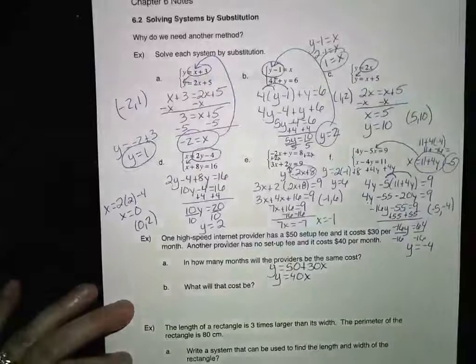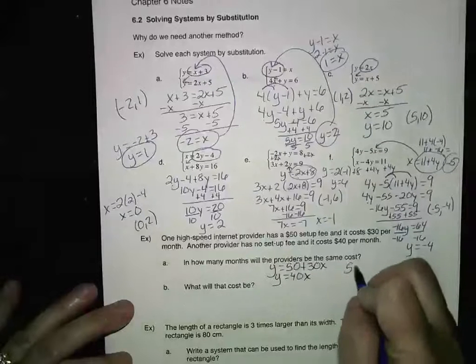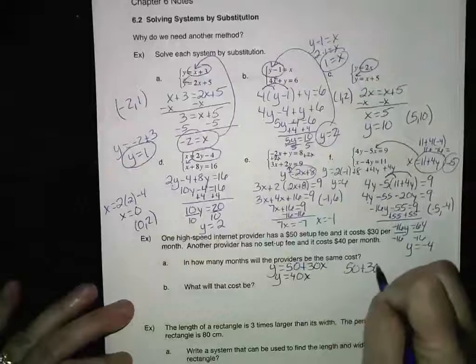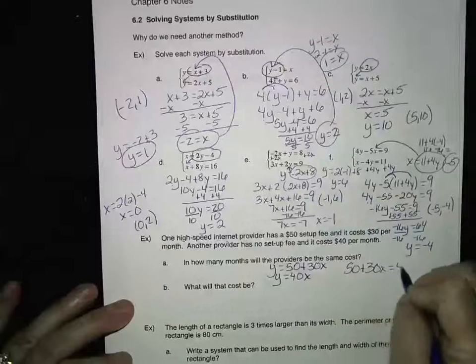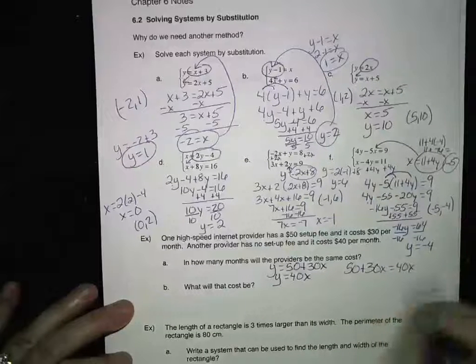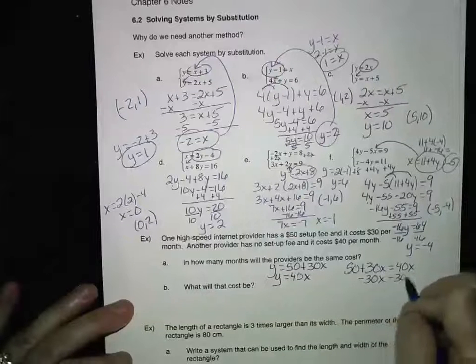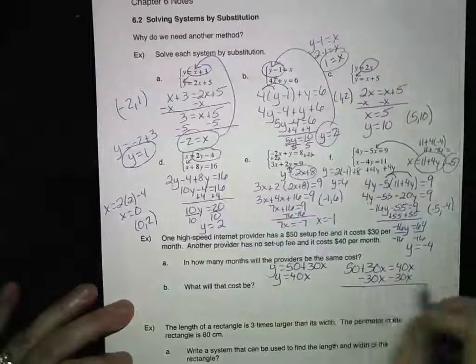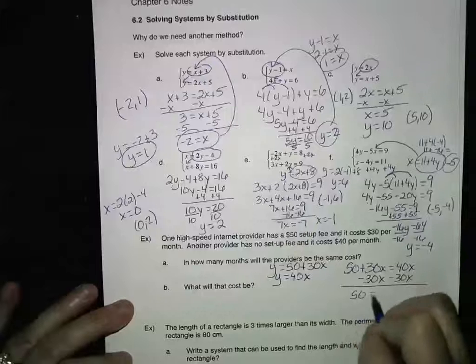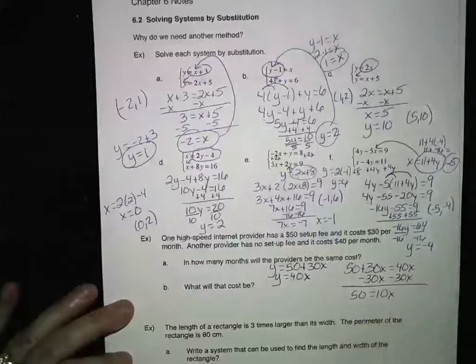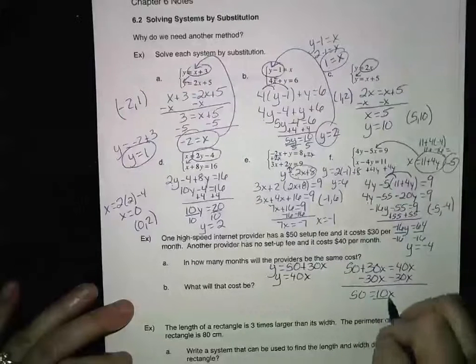So we want to know when those two things cost the same. So we have 50 plus 30x equals 40x. We subtract 30x from both sides, and that becomes 50 equals 10x.